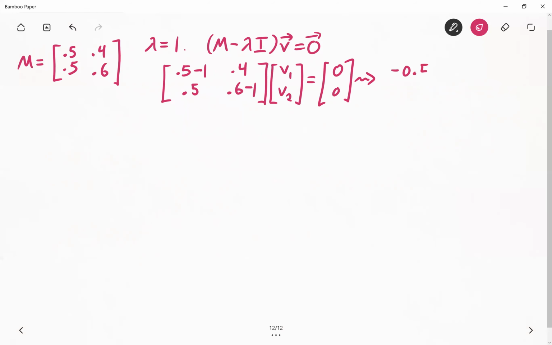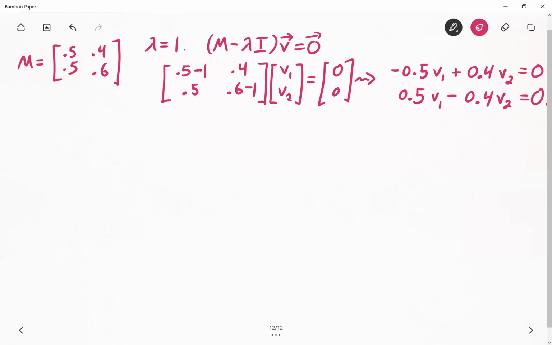So negative 0.5 times v1 plus 0.4 times v2 is equal to 0. The second equation, 0.5 times v1 minus 0.4 times v2 equals 0.